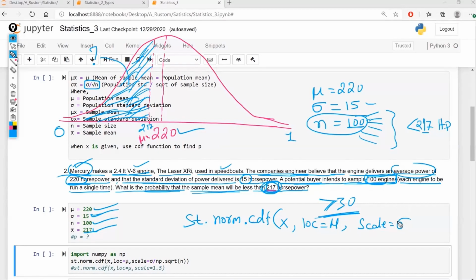We know sigma, the population standard deviation, and to get the standard deviation of the sample mean, I have to use sigma divided by square root of n.